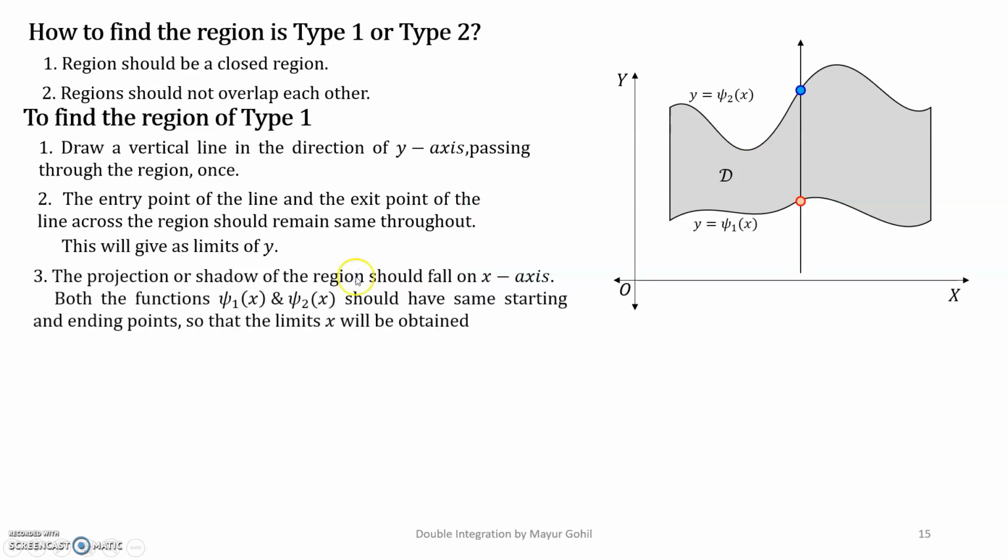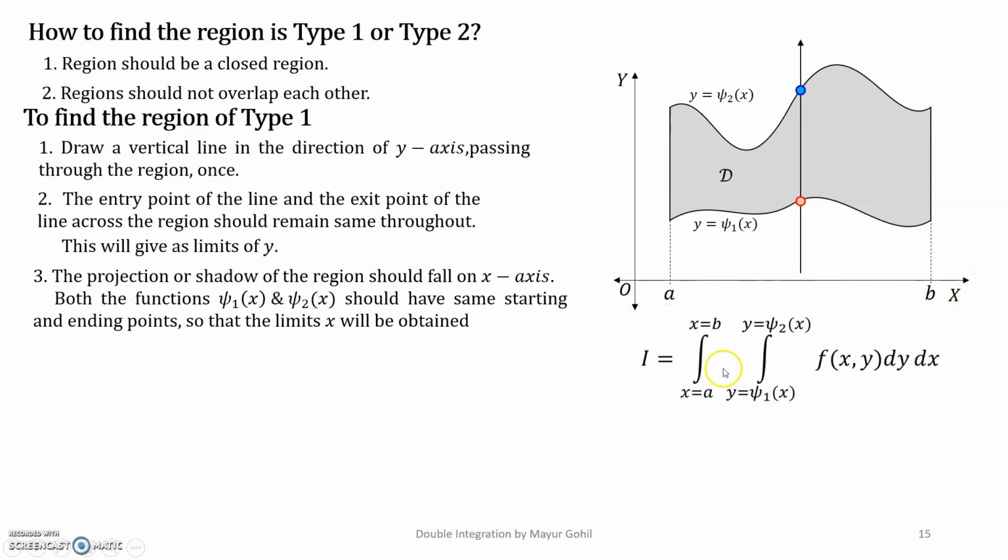Now when we take the projection or the shadow of the region on the x-axis, the shadow falls on some interval, and that interval we are calling a to b. Both the functions psi 1 and psi 2 should have the same starting and ending point, so that the limits of x will be obtained. So here we obtain the limits of x as a to b.